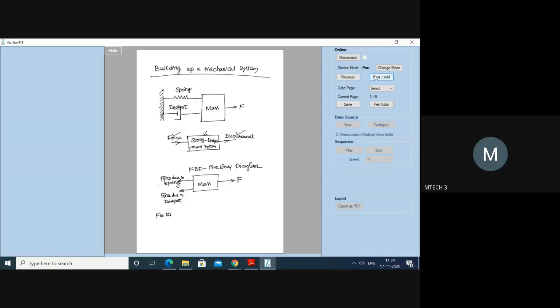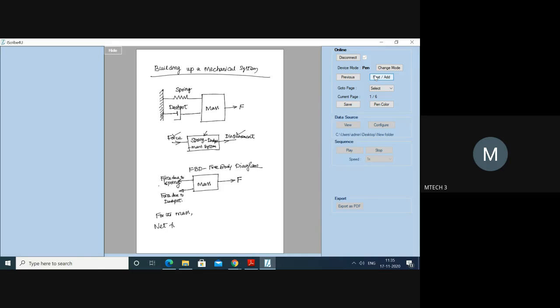For the mass, consider only the forces that act on that block. So what is the net force applied to the mass? Write down.